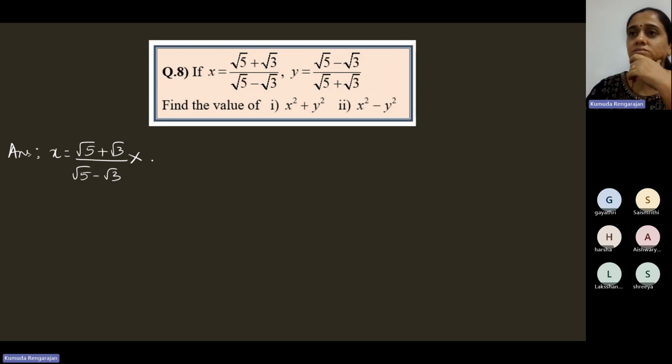What's the conjugate of the denominator? Root 5 plus root 3. Correct.